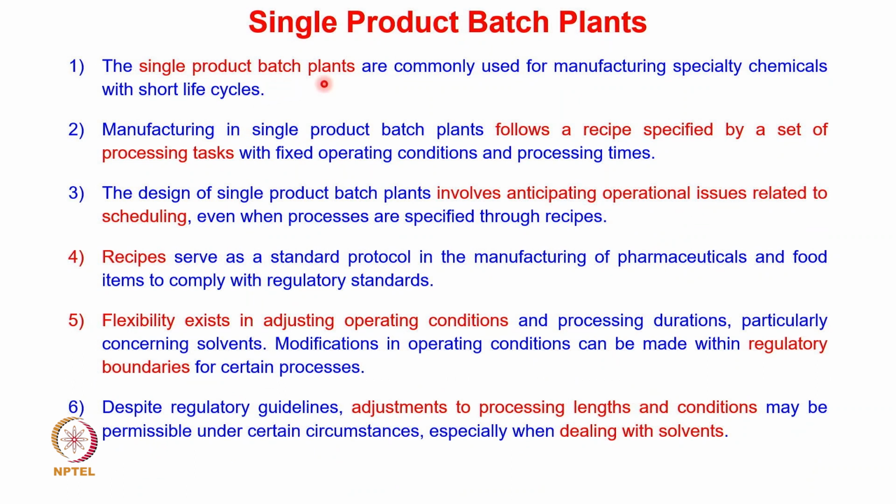Single product batch plants are commonly used for manufacturing specialty chemicals with short life cycles. Manufacturing in single product batch plants follows a recipe specified by a set of processing tasks with fixed operating conditions and processing times. The design of single product batch plants involves anticipating operational issues related to scheduling even when processes are specified through recipes.